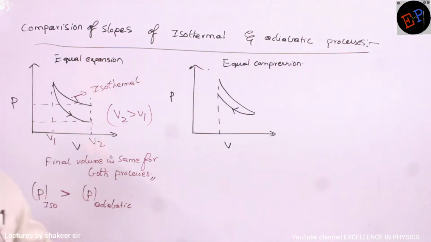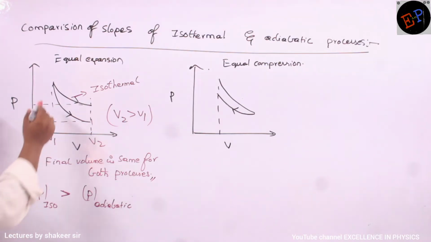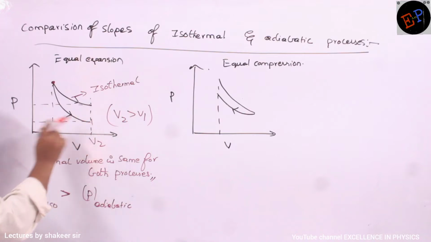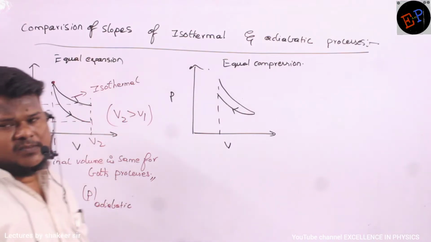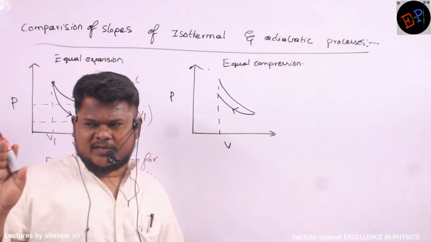In both of them it is proportional to 1 by V only, no? Volume is the same. The final volume of both of them is the same. Initial volume is also the same. Both of them are starting from this state, and finally they have reached this state. Final volumes are the same. For example, let us consider initially 1 liter of gas was there.